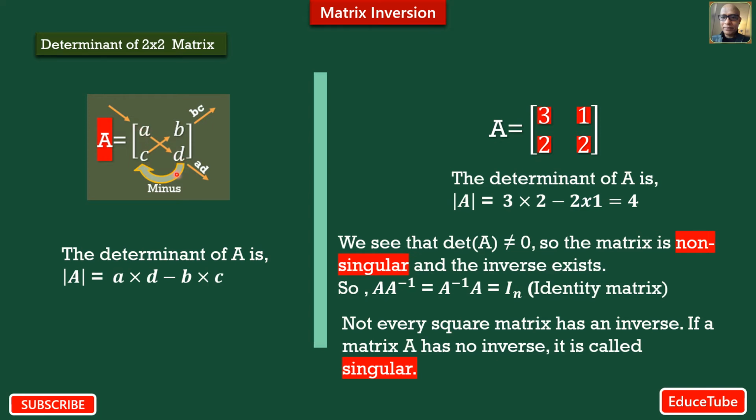A multiplied by D, we write here, minus B multiplied by C. That will be the determinant of matrix A. For example, A equal to this: 3 multiplied by 2 is 6, minus 2 multiplied by 1, 2. So for this 2 by 2 matrix, the determinant is 4.